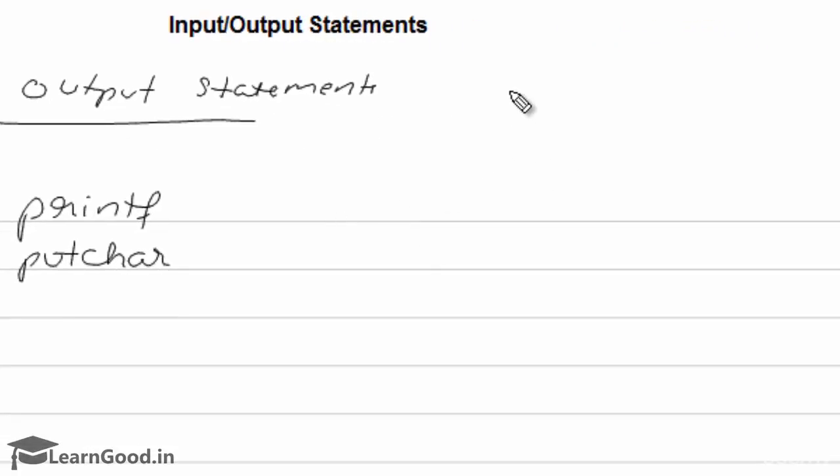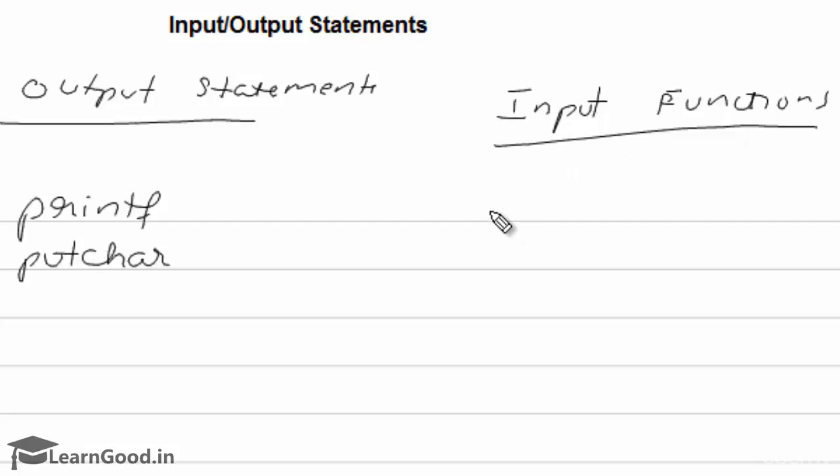In the same way, for reading data from the keyboard, you have some input functions. To read data from the keyboard, there are different functions. A regularly used function for reading data from the keyboard is scanf. Second, you have getch if you want to read a single character.